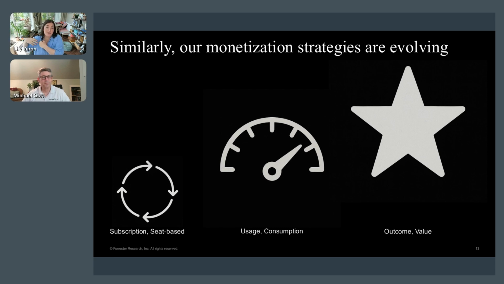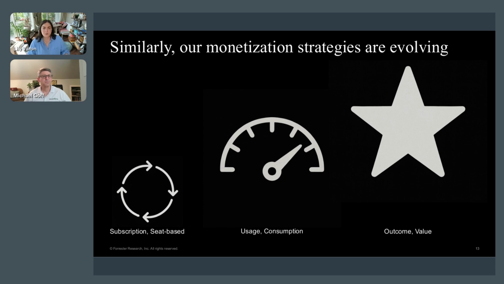The value is me actually doing less or being able to redirect my attention to more value-added activities. Now we're actually paying for the work that the agent is accomplishing, or the tasks they're accomplishing, the actions that they take, that are tied to the outcomes we want.